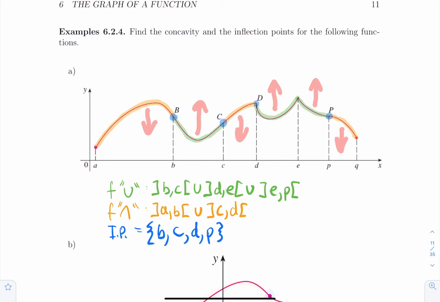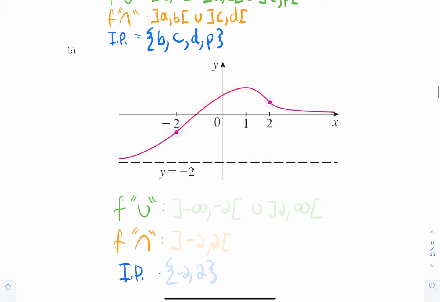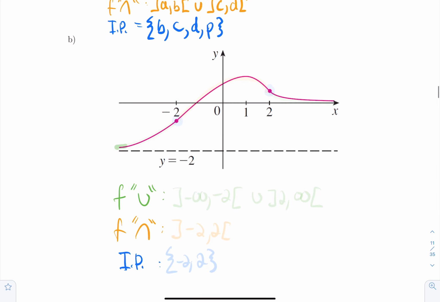Let's look at one other example. So down here, I have a function that is initially concave up all the way up to minus 2. So my function is concave up from minus infinity to minus 2. And then between minus 2 and 2, I have a bowl that is facing down.